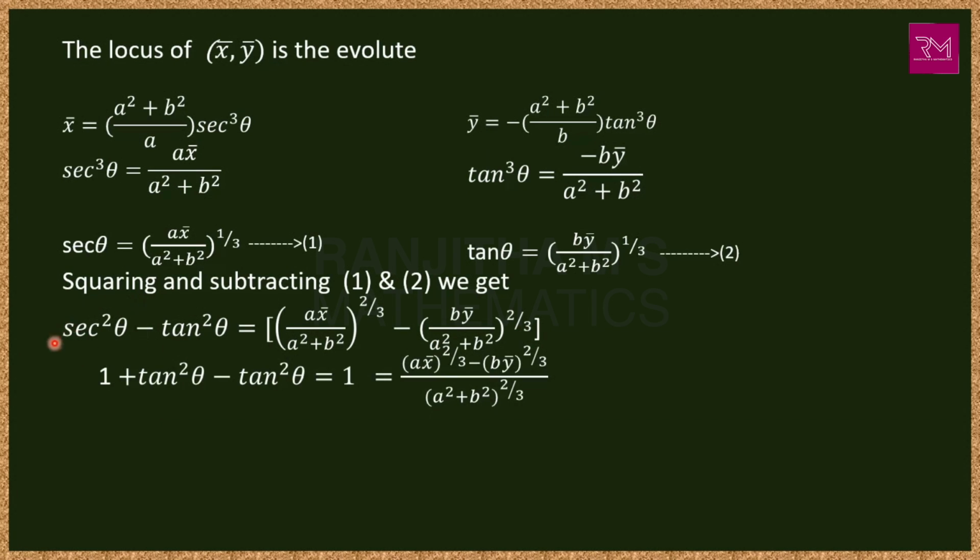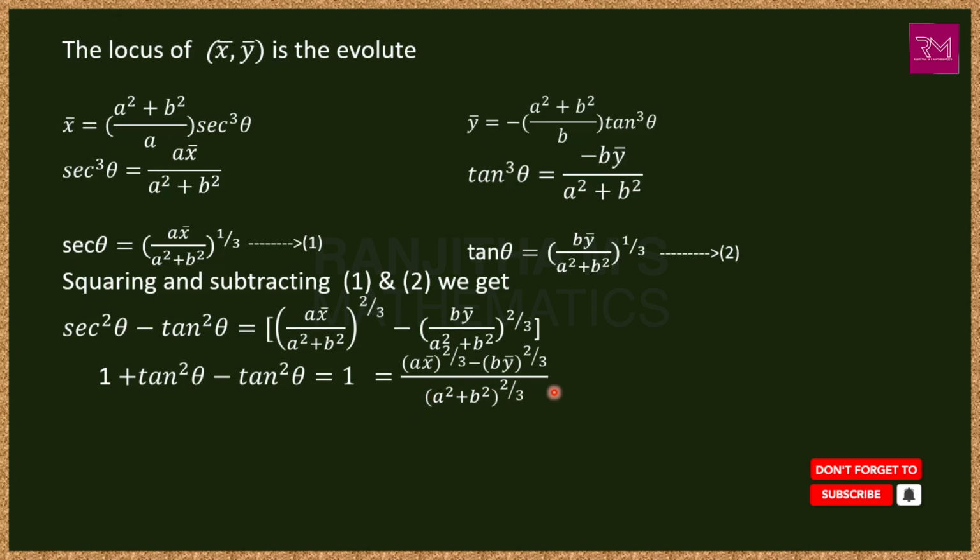On the left hand side, secant square theta we can write as 1 plus tan square theta, minus tan square theta. The tan square theta cancels and the remaining is 1, which is equal to, on the right hand side, (a x bar divided by a square plus b square) whole power 2 by 3 minus (b y bar divided by a square plus b square) whole power 2 by 3. We can write it as (a x bar) whole power 2 by 3 minus (b y bar) whole power 2 by 3 divided by (a square plus b square) whole power 2 by 3.